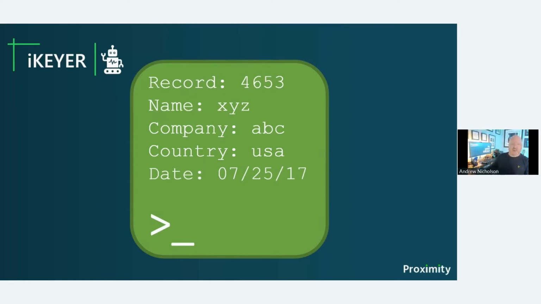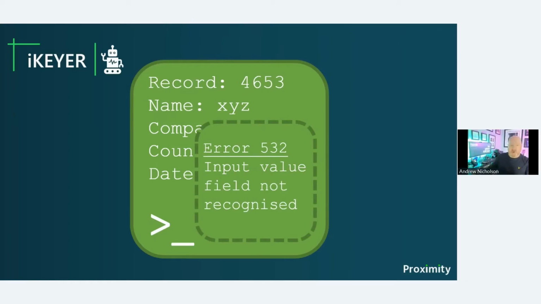So let's say we're entering data from an invoice we received from a customer. Well, no problem, until we realize that the data we've received has the date in an American format. So on submission, a pop-up window is displayed with input value field not recognized, or some kind of text equally helpful.